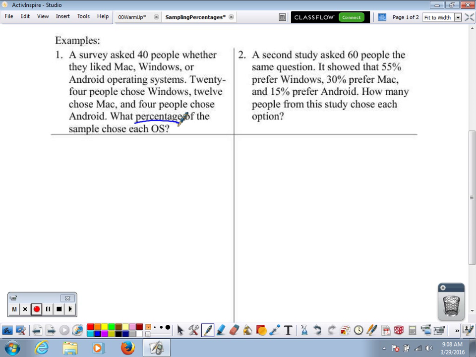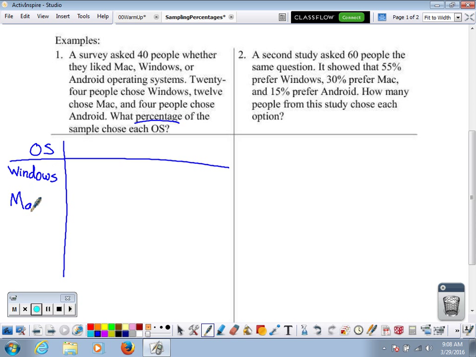So what we're going to do, guys, is set up a little chart. That chart is going to have a row for each operating system. I'll have a row for Mac, a row for Windows, and a row for Android.